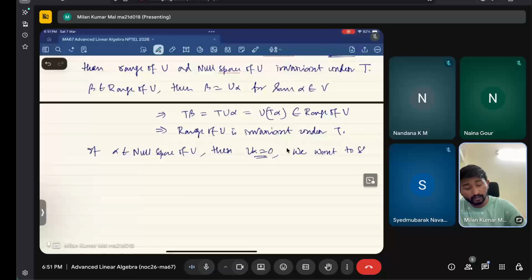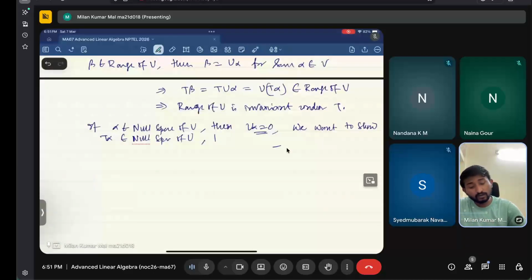So let me write the correct statement here. Indeed, U of T alpha is equal to TU alpha because U and T commute, and U alpha is equal to 0. That means T of 0, and T is a linear operator, so that will be 0.